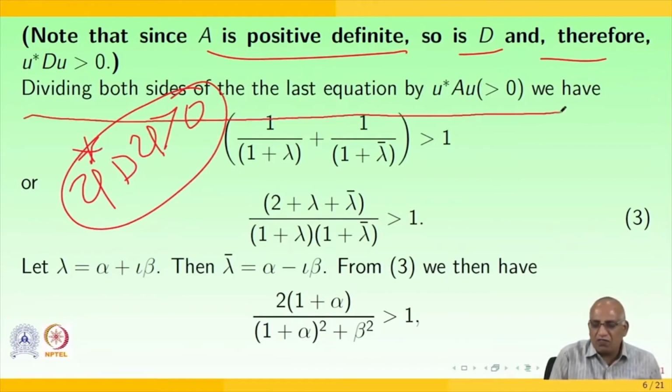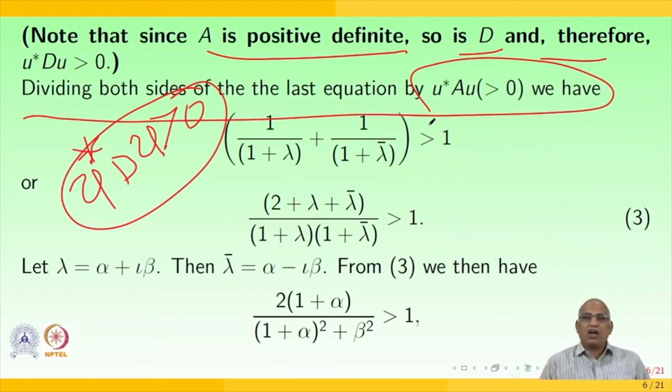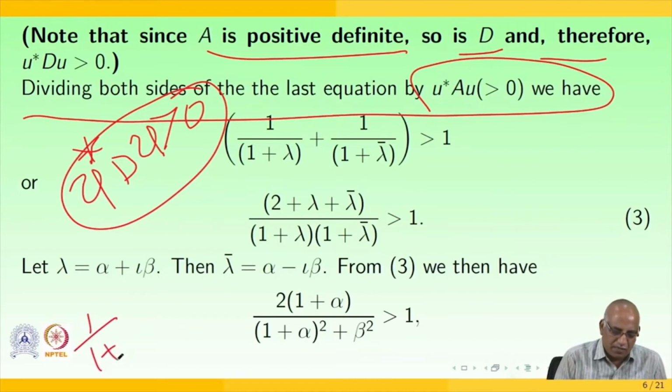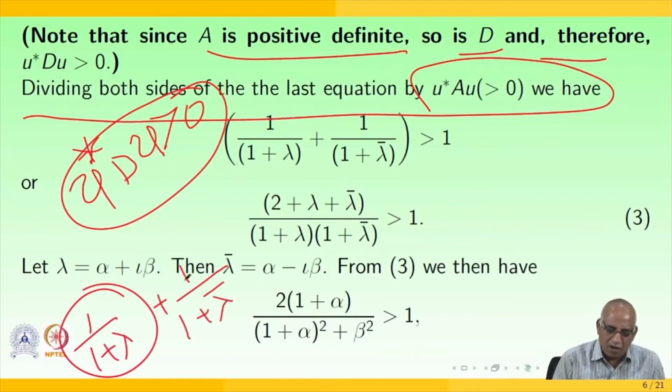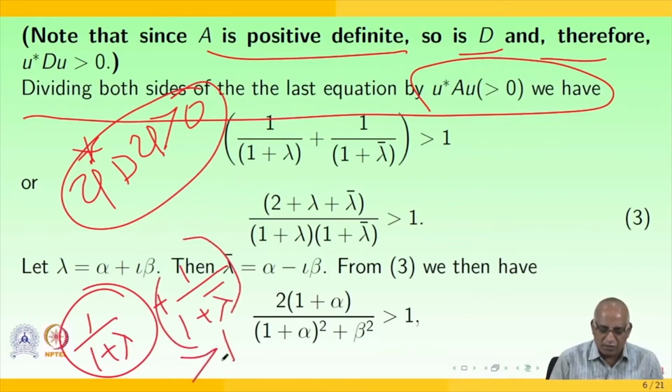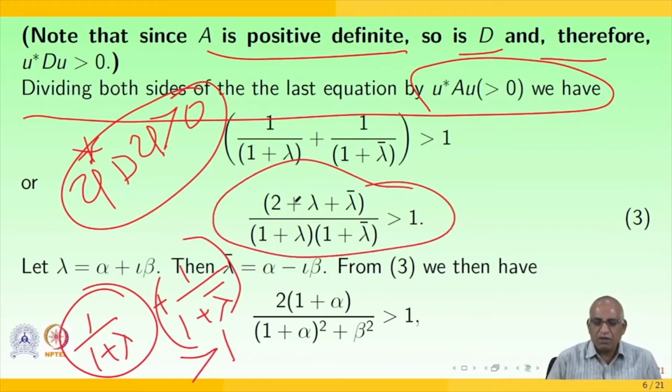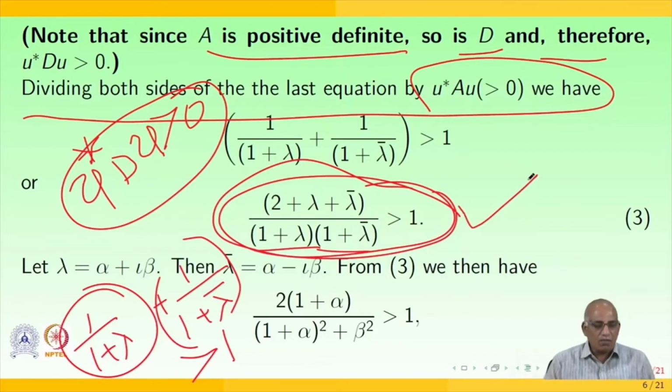Dividing both sides of the last equation by U star AU, you will have 1 over 1 plus lambda plus 1 over 1 plus lambda bar is greater than 1. So you will have 2 plus lambda bar divided by 1 plus lambda bar is greater than 1. Let lambda be equal to alpha plus i beta, then lambda bar is equal to alpha minus i beta.